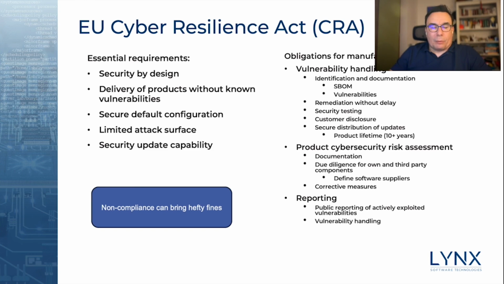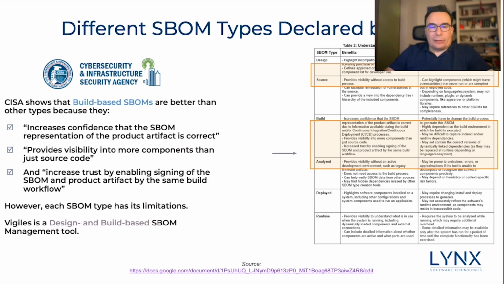And what's important to note here is that there are pretty hefty fines associated with not following the CRA guidelines in Europe. Therefore, we expect that companies are going to approach the CRA seriously. And of course, they'll look for solutions such as the ones that we are going to be talking about more today. Let's continue on software bill of materials for a moment.